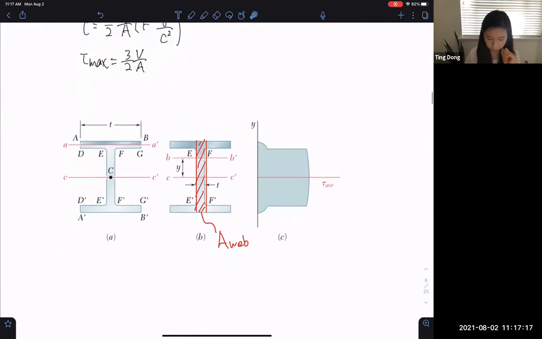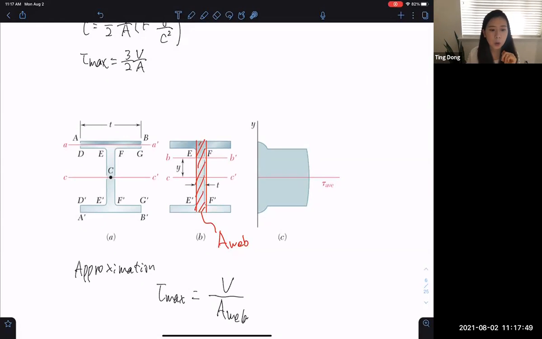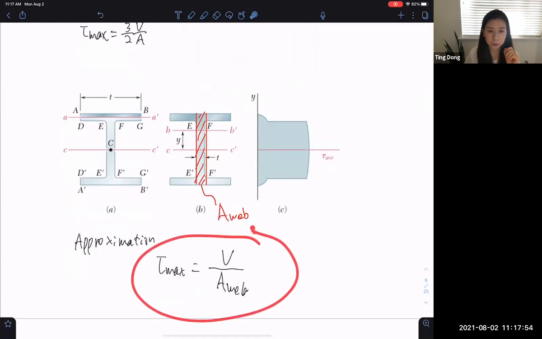And then we had an approximation equation, where tau max, we consider this is a straight line, and all the shear stress in this range should be equal to V over A web, where this is the area of the web. So for the I-beam, this is a simple way to calculate.